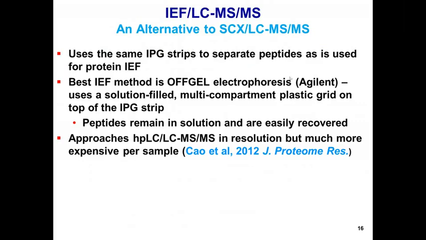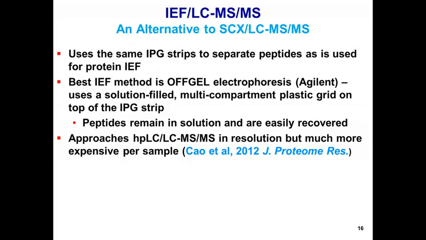The off-gel electrophoresis approach uses a solution-filled multi-compartment plastic grid, which is placed on top of an IPG strip. The IPG strips are the same types of strips that are used in the first dimension of two-dimensional gels, except here we're separating peptides instead of proteins. And this is a pretty robust method.